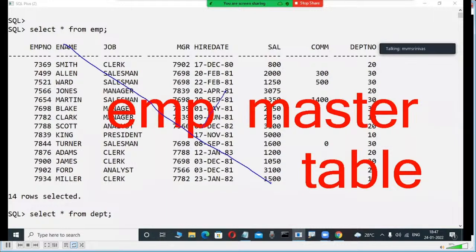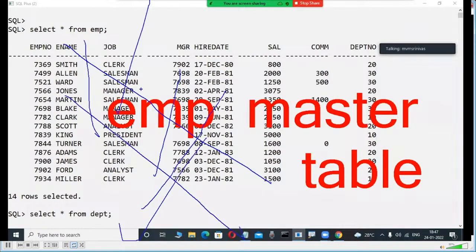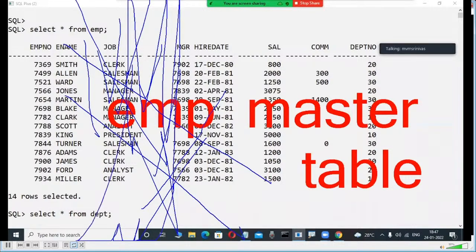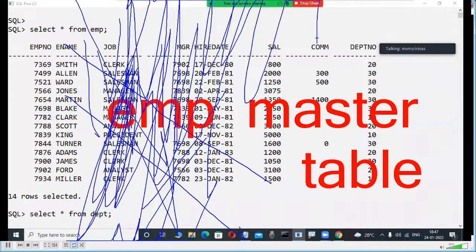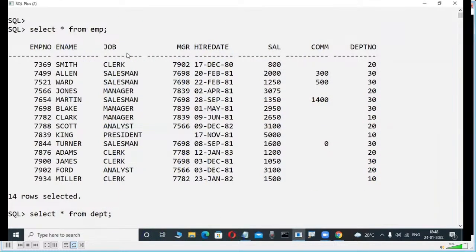Some fellows say DEPT is the master, and that is also absolutely wrong. Maybe some students learning this type of database for the first time say so. Now here, yes, EMP is a master table. Why they tell me so, there is a reason. Okay, I am thinking about one reason: maybe this is a big table.